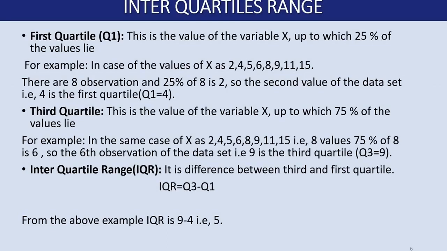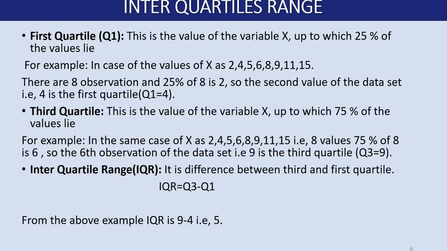And for the third quartile, it is the value of the variable x up to which 75% of the values lie. For example, the variable x has 8 values and 75% of 8 is 6. So the sixth observation of the dataset is 9, which is the third quartile. And the interquartile range is the difference between the third and first quartile. From the above example, the interquartile range is 5.